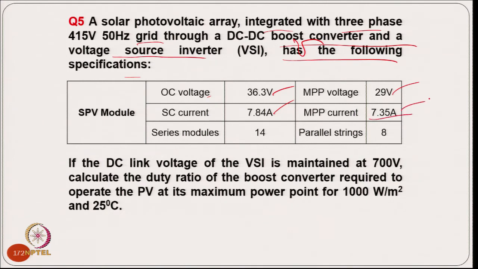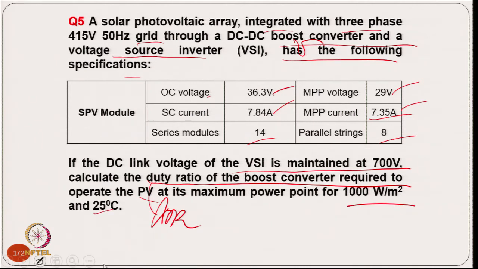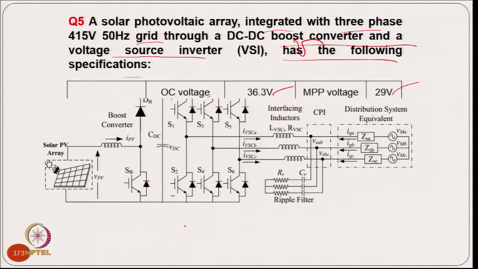The MPPT current is 7.35 ampere, and series modules are 14 and parallel strings are 8. If the DC link voltage of the VSI is maintained at 700 volt, calculate the duty ratio of the boost converter required to operate the PV array at the maximum power point of 1000 watt per meter square at 25 degrees Celsius.